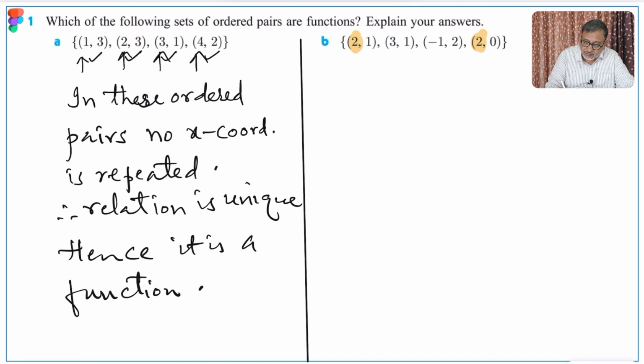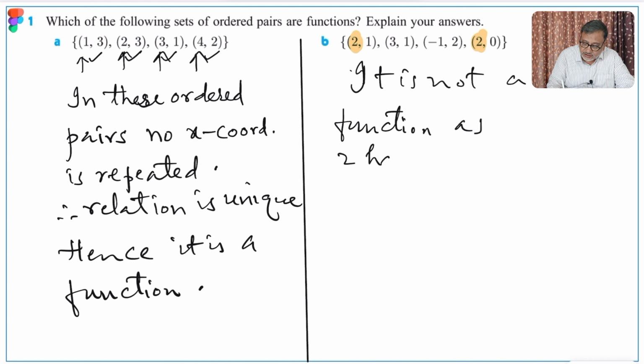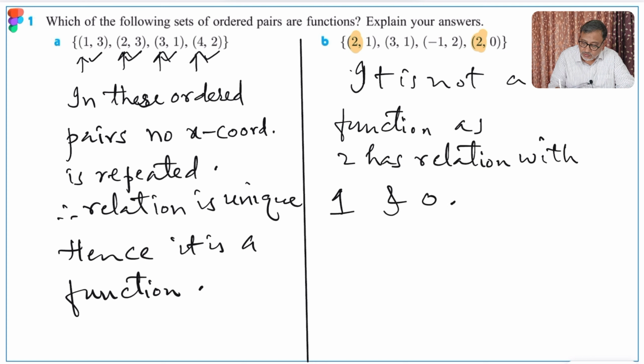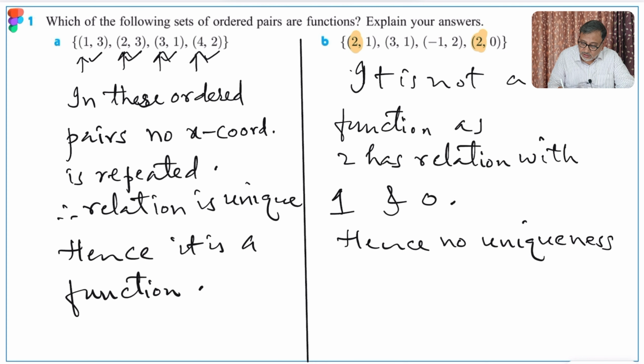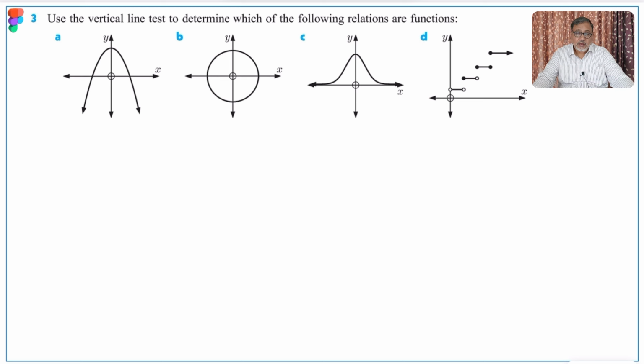So therefore it is not a function, as 2 has a relation with 1 and 0. Hence no uniqueness. Therefore it is not a function. We already wrote about that. Okay, like this.